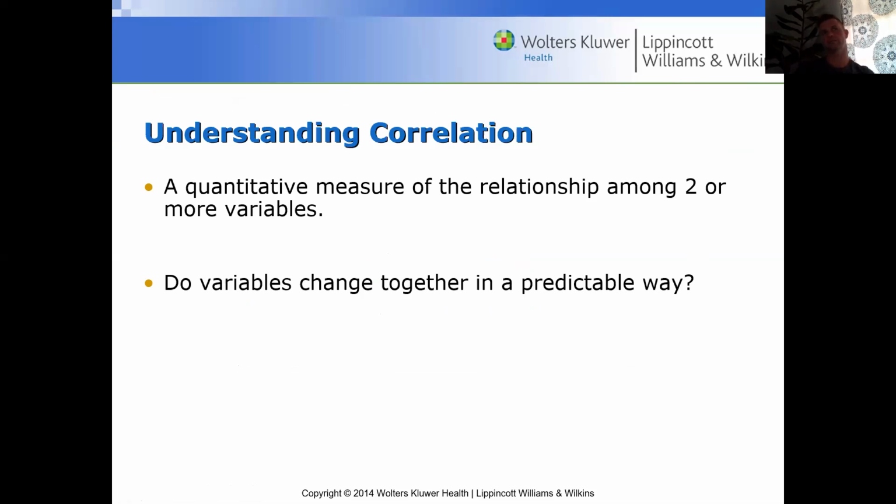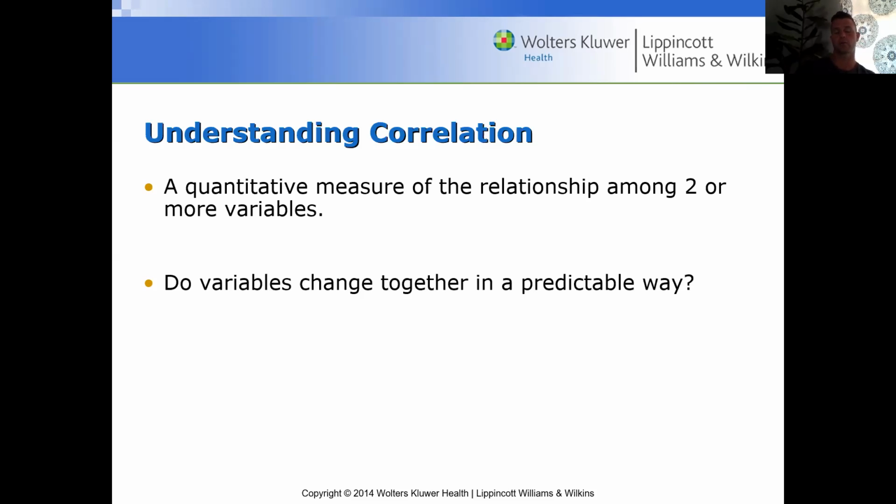It doesn't mean that all things are going in the same direction. For instance, if I lift weights, I should get stronger, so those two things should go up together, right? The more time I spend lifting and dedicating myself to it, I should see strength gains. I may also see increases in muscle mass.